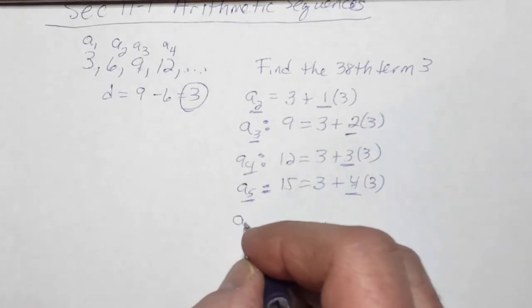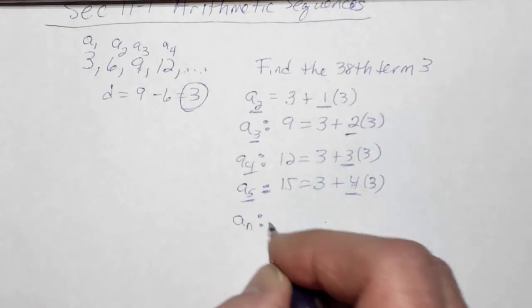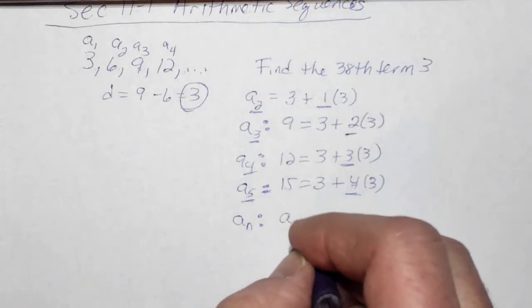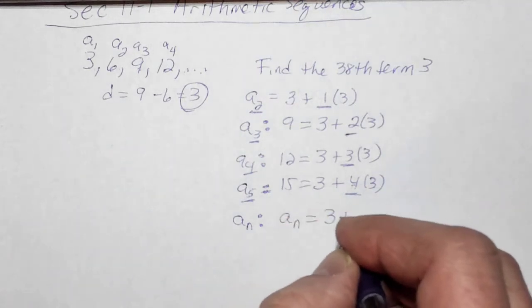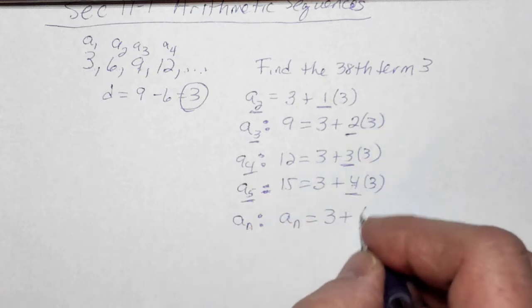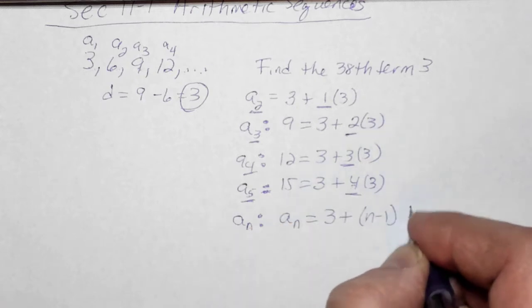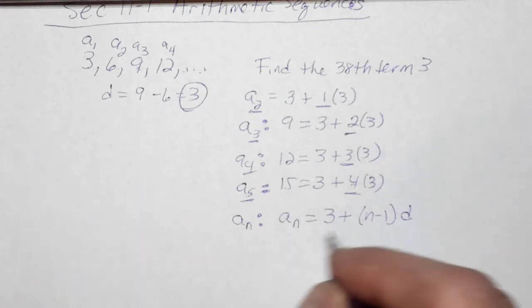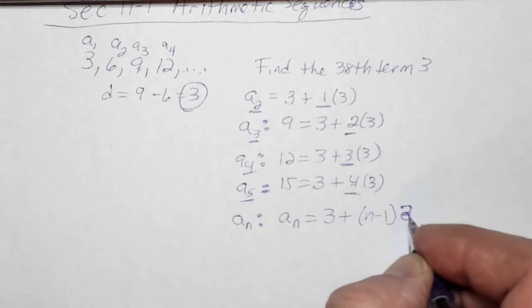So if I were trying to find some unknown term, the nth term, a sub n then would be the first term plus 1 less than n, which is n minus 1, times d, the common difference, which in this case was 3.